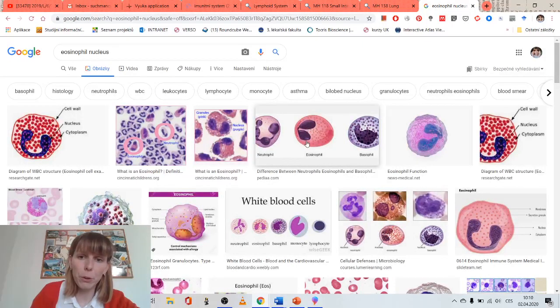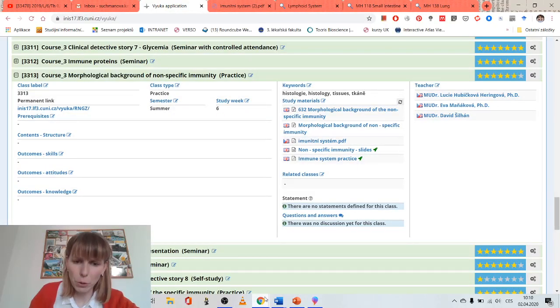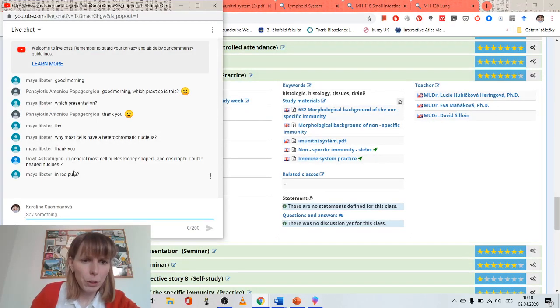For the mast cell, it's not called kidney shaped. I think kidney shaped is usually mentioned for monocytes, but it looks similar in this picture from the electron microscope, but I wouldn't worry too much about it.